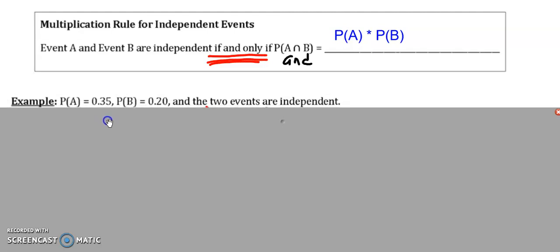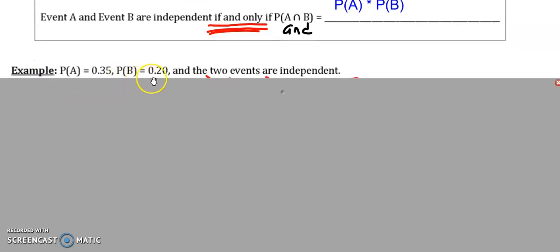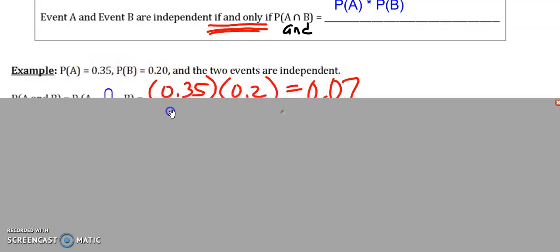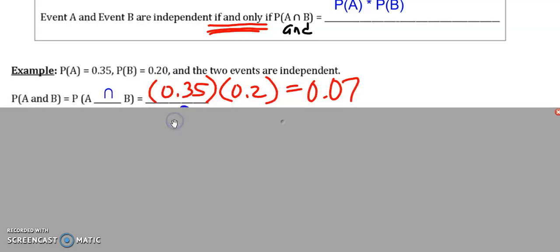If we look at this first example, we have the probability of A is 0.35 and B is 0.2, and we're given that the two events are independent, which means we need to multiply the probability of A times the probability of B, which is going to give us 0.07.